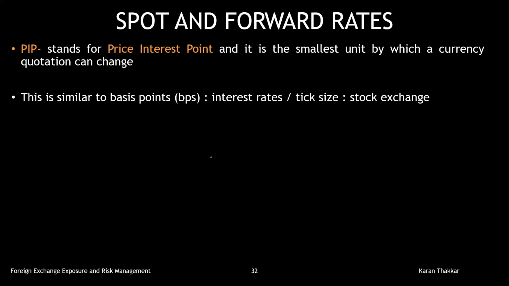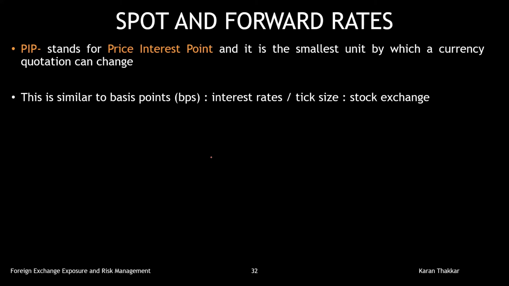So say for example, we are given that interest rate is 3.5% and we say it increased by 10 basis points. It means that the new rate is 3.5 plus 0.1, that is equal to 3.6%, because 1 basis point equal to 0.01%, and so 10 basis points equal to 0.1%.